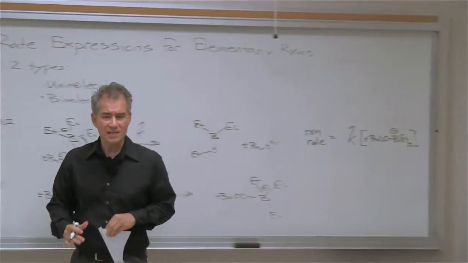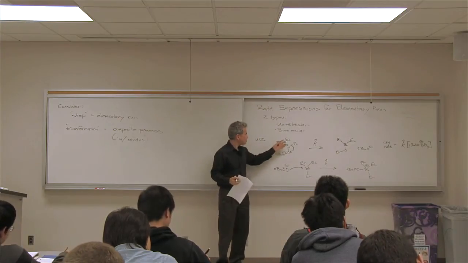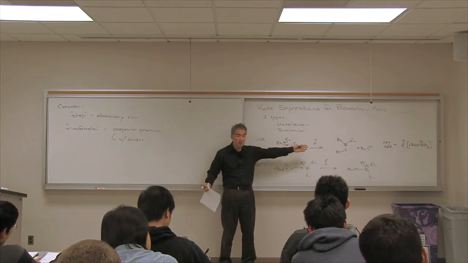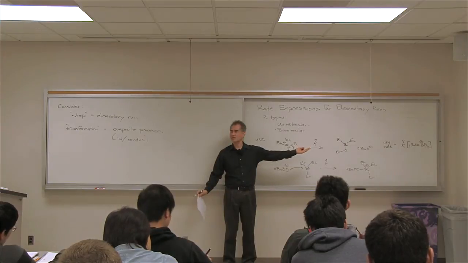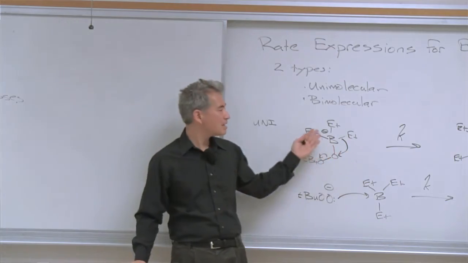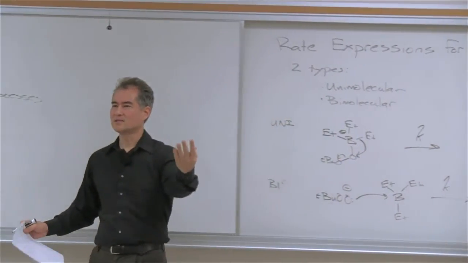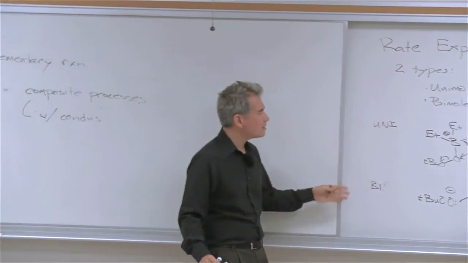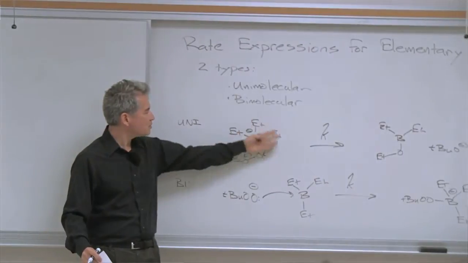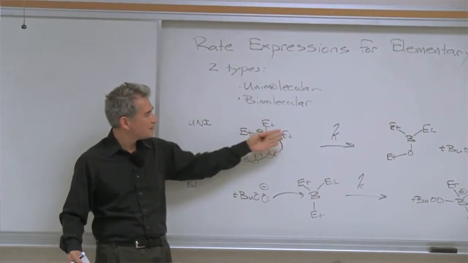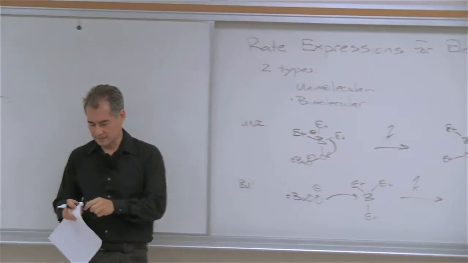So that would be the rate expression. If I have 10 times more of this in solution, I'm going to be forming the product 10 times faster. That just makes sense to me. If I have 10 times less of this, how could I form this at any other rate other than 10 times slower? So that makes sense that there ought to be a linear correlation between the amount of this I have in solution and the rate at which I'm forming that product.